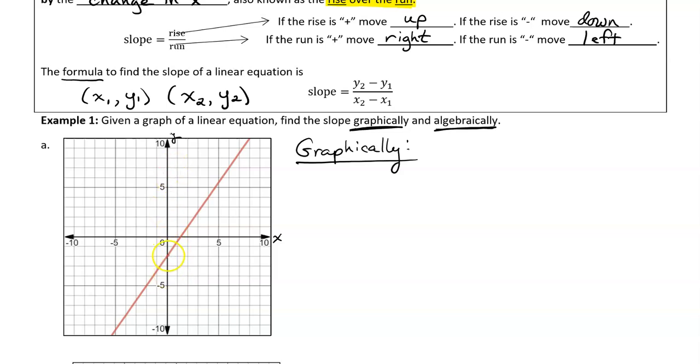And in fact, I see one down here that's pretty nice because it's on my y-axis. So I'm going to pick the ordered pair 0, negative 2. 0 in the x direction, negative 2 in the y direction there. Now I want a second point that's going to be easy to measure off from this point here. Again, I don't want to pick anything in the middle.